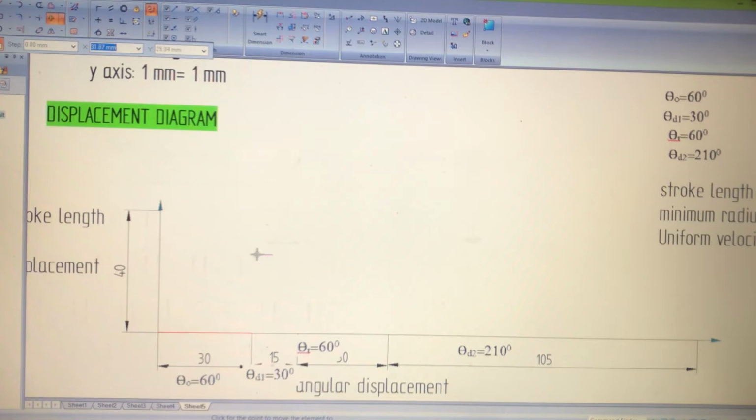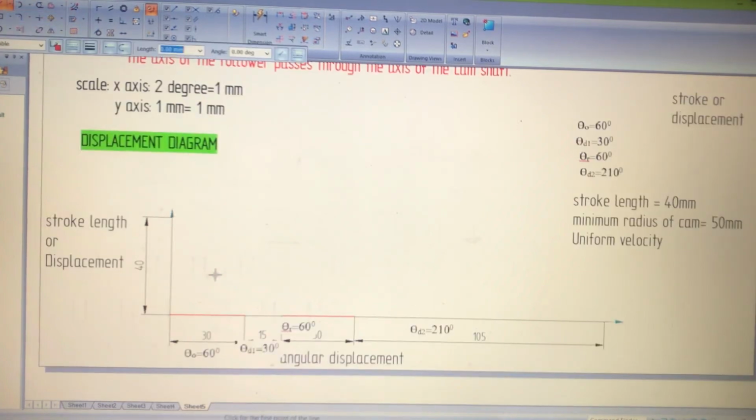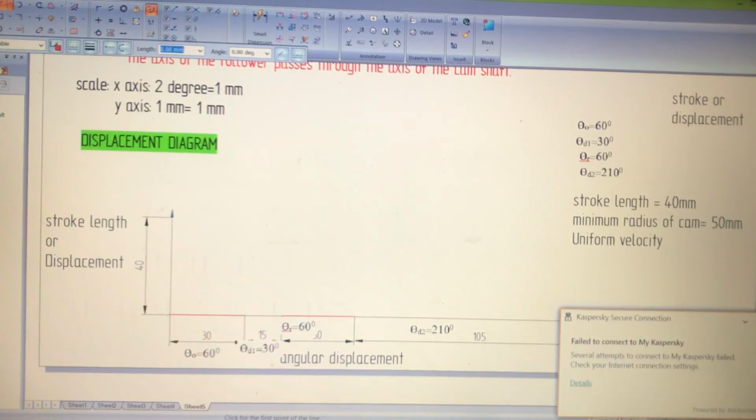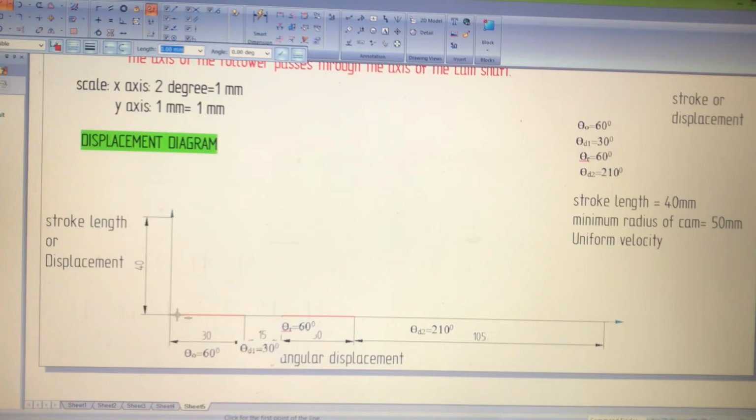There also you have uniform velocity, right? So don't divide into 12 parts, it is not required. Okay, now they are divided. After dividing, draw vertical lines from each end of the partition. The length is 40 mm because we already know the stroke length.